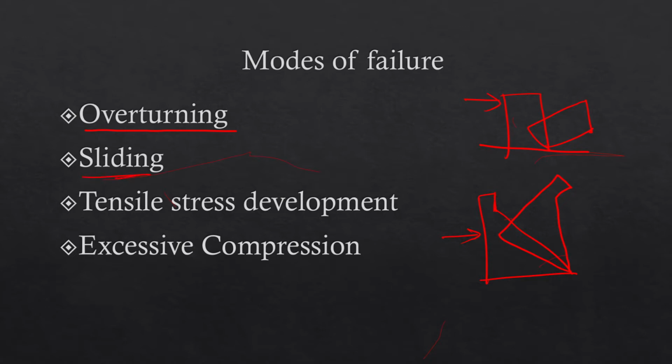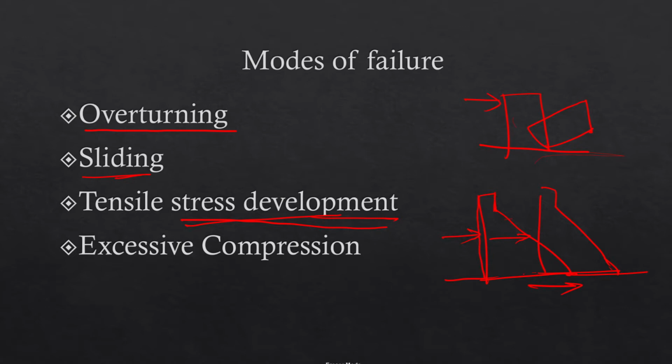Then sliding is quite obvious. It is when the whole dam slides along the surface, along the river bed. Then it is called sliding failure. Then tensile stress development. We are not talking about tensile failure directly, but tensile stress development itself is considered a failure of the gravity dam, because we have to be quite conservative in design.